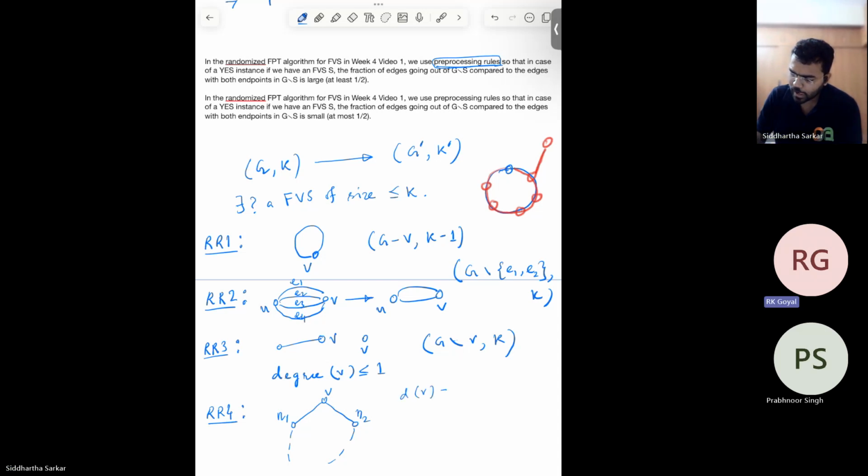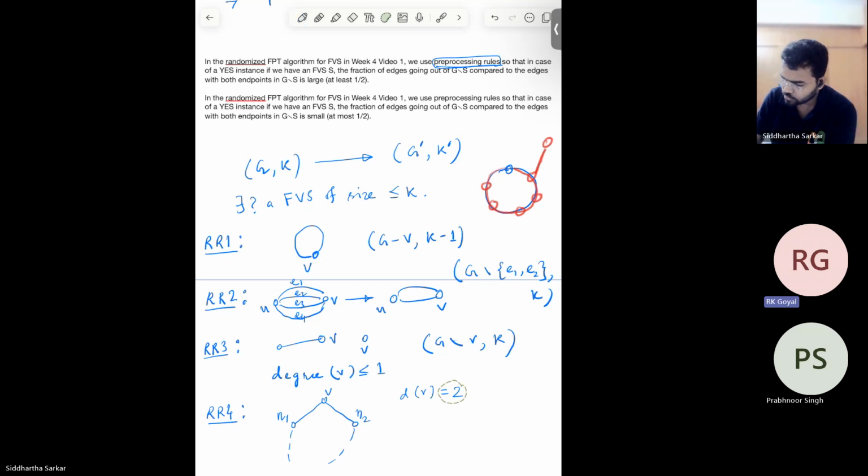So in this case, we can write a recursive equation kind of thing by taking the help of the previous three cases.